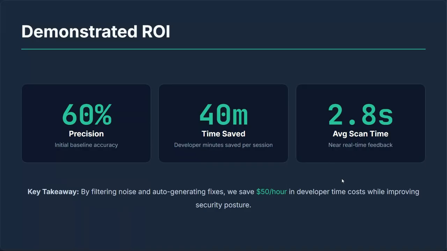The key takeaway is that these are just testing statistics, but in the test environments, by filtering noise and auto-generating fixes, we could save at least $50 per hour in developer time costs, because they need not fiddle with security tools that do not give relevant information to them.